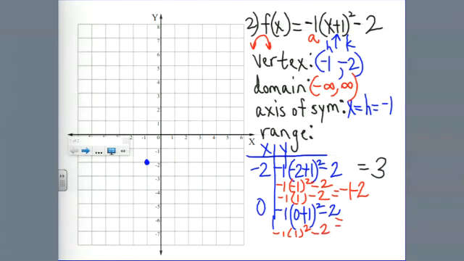And 1 squared is a positive 1. Times that -1 still gives us -1. And then minus 2 will still give us, that should be a -3 for both, sorry. So each Y coordinate would be -3 instead of +3.